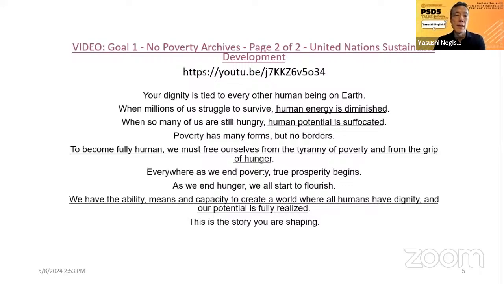I think the last sentence is very encouraging because it says that we have the ability, means, and capacity to create a world where all humans have dignity and our potential is fully realized. With this sentence, we are encouraged to fight this major development agenda.